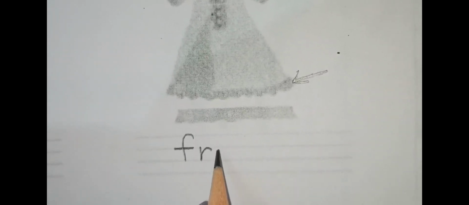Now next picture. In this picture we can see the frill of the frog. So let's write frill. F R I L L. Frill. F R I L L. Frill.